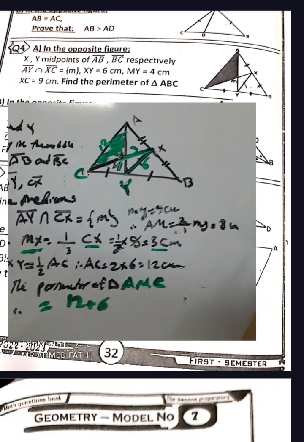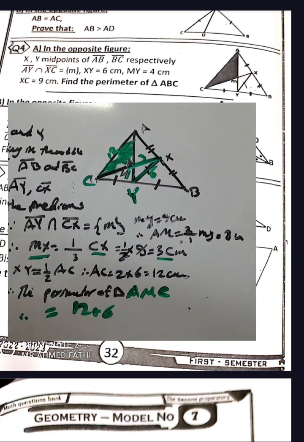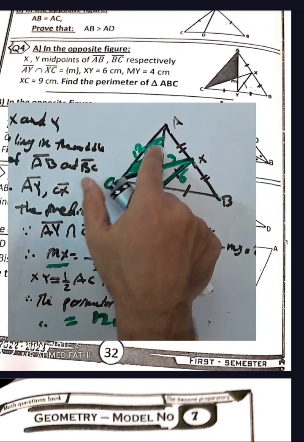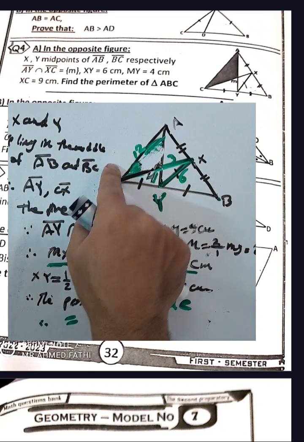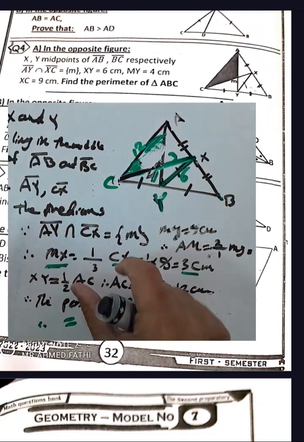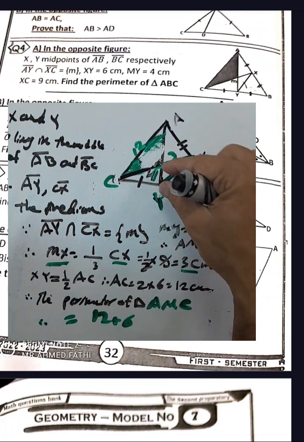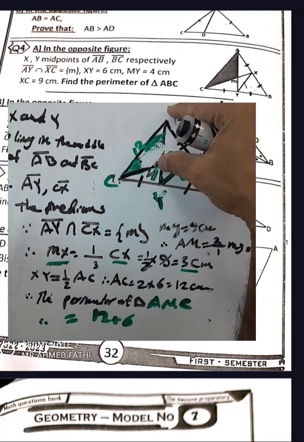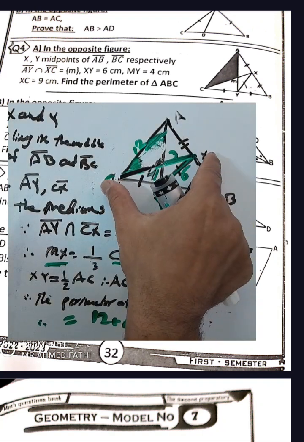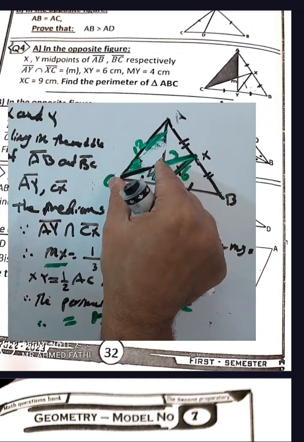Okay, my students, again, in this example, you want to find the perimeter of AMC, this triangle. We have here 12 because XY equals 6, then AC equals 12. And he gave us MY 4, then AM was 8. And CX was 9. 9 equals 6 plus 3, then this part is 6.